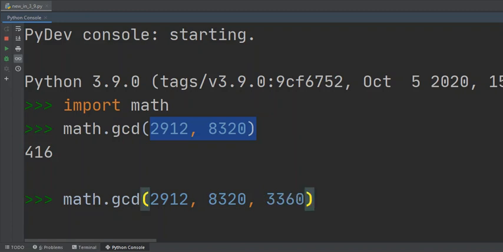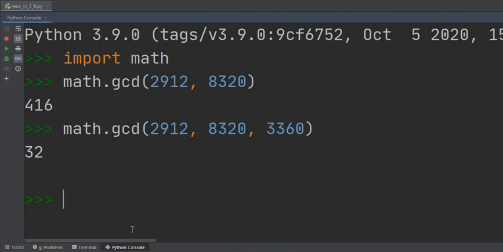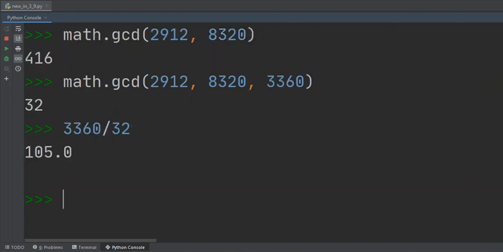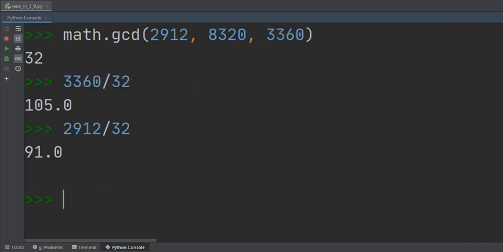And so the greatest common divisor, that is the largest number that will cleanly divide all 3 of these now, is going to be 32. If you do 3360 divided by 32, you see it's 105. It all works out, and it's the biggest number that cleanly divides all 3.